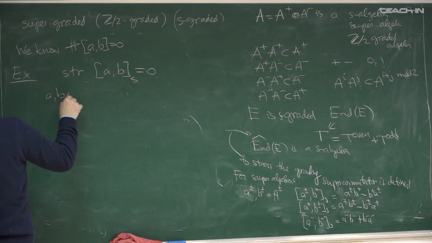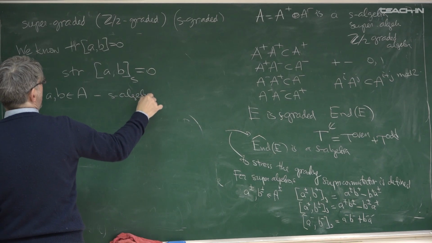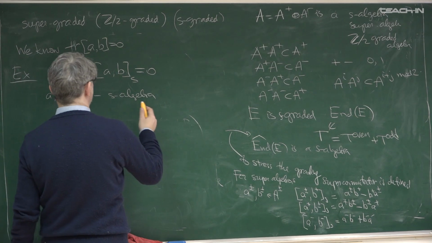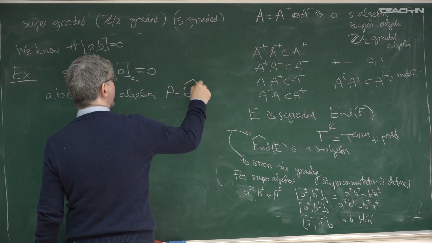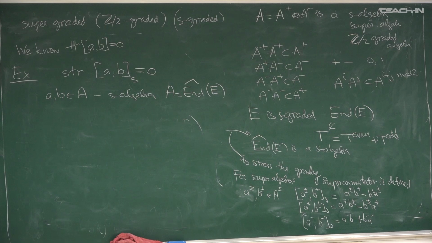So A and B belong to A, which is a superalgebra. Which one? Endomorphisms, graded endomorphisms of the graded space. Because we have no trace for an abstract algebra, we need this algebra to be the endomorphisms of some vector space. Okay.